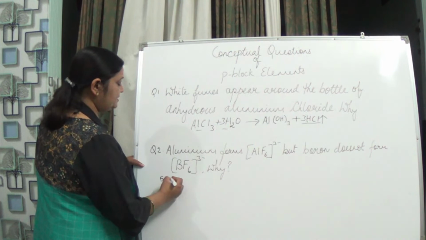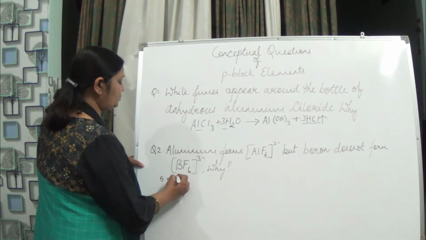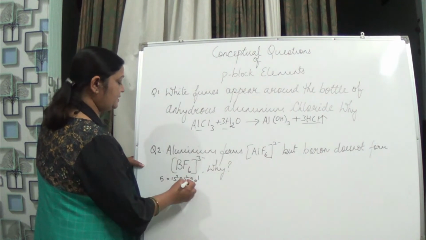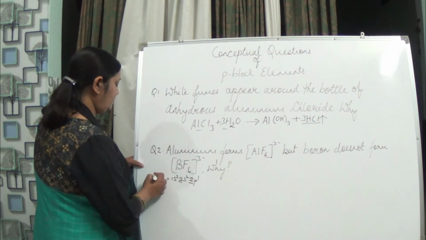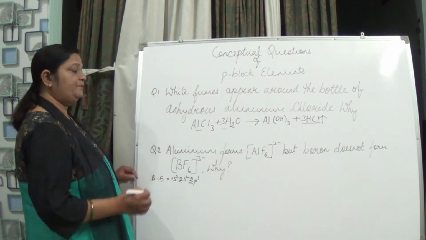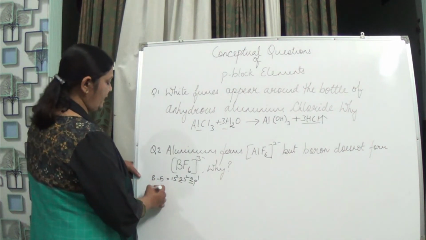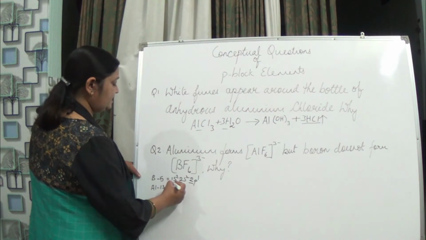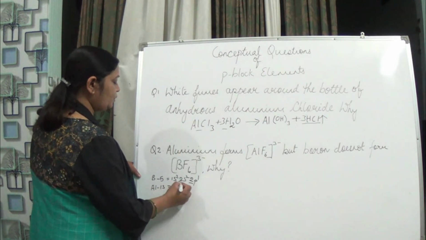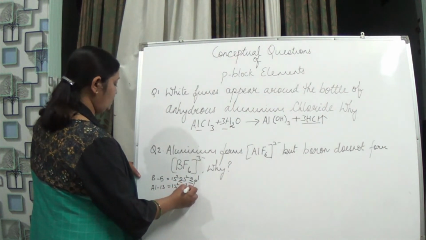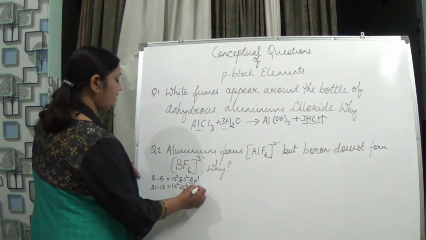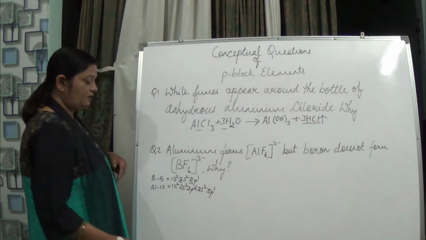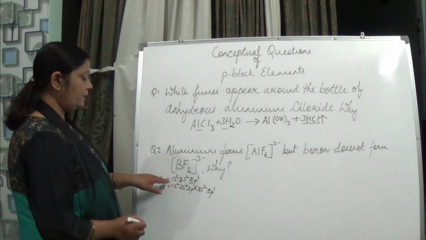So we can see it is 1s2, 2s2 and 2p1. When we talk about aluminium, it is 13. So here we see 1s2, 2s2, 2p6, 3s2 and 3p1. So do you see some difference over here?